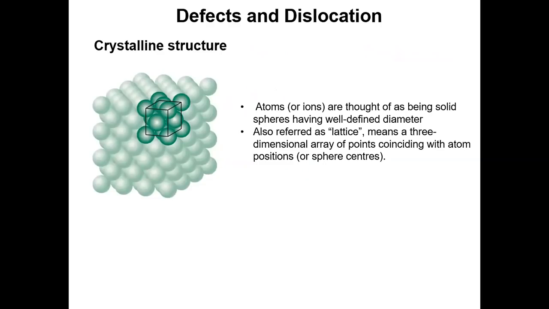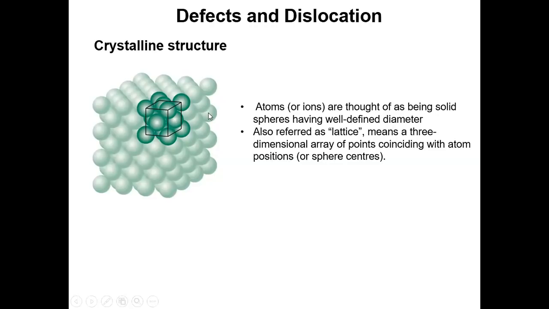In a crystalline material, these solid spheres represent atoms. An atom contains electrons, a nucleus and so on, and a material consists of a lot of atoms. How they are arranged is what we call the crystalline structure.